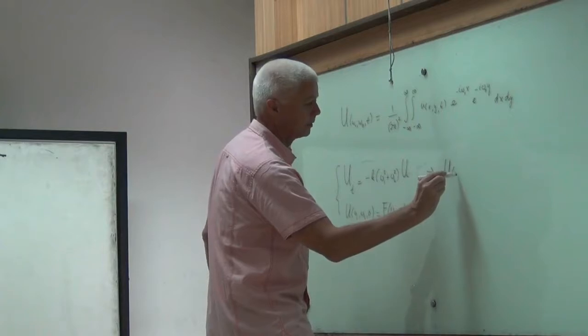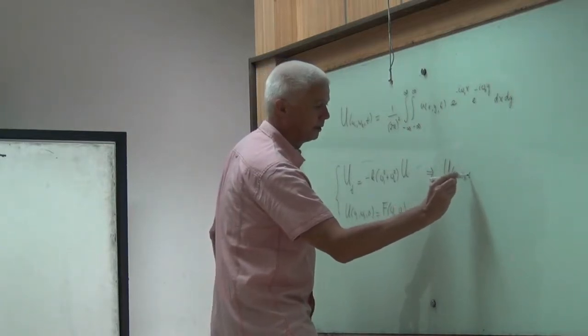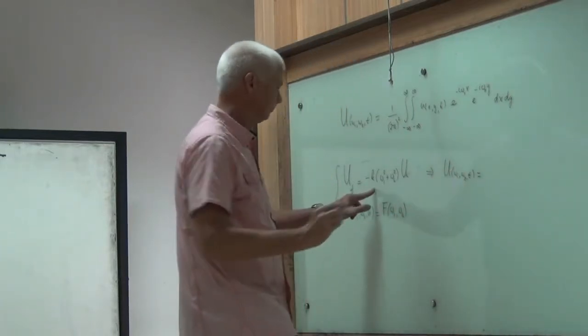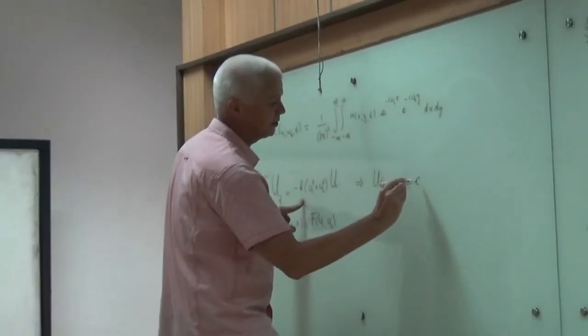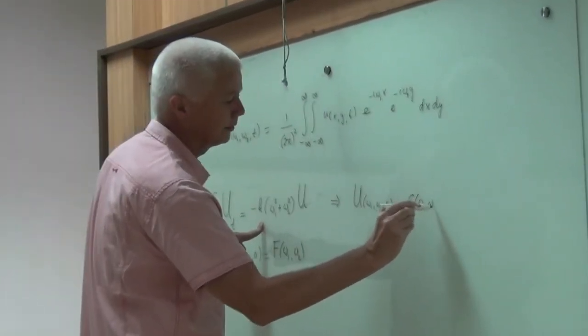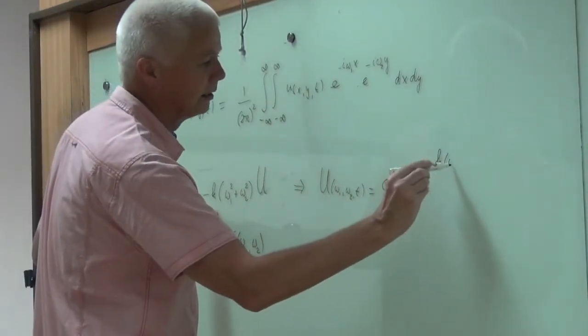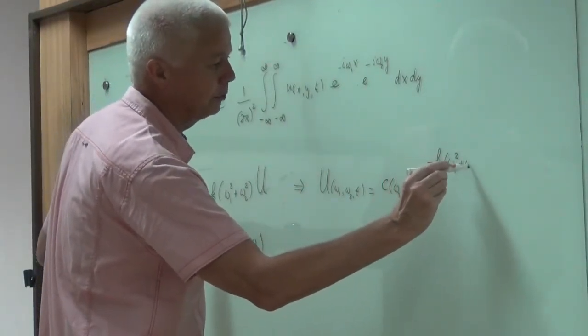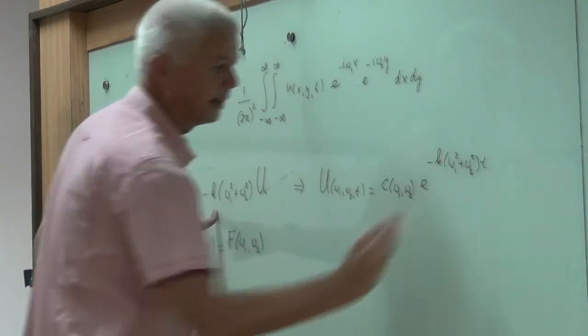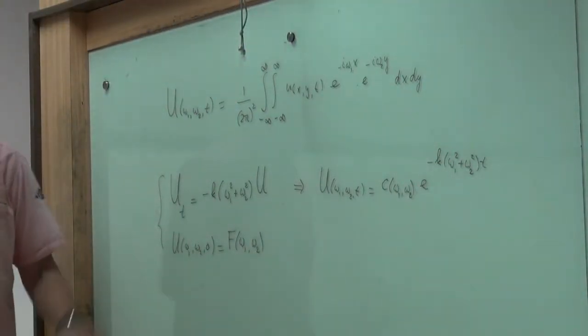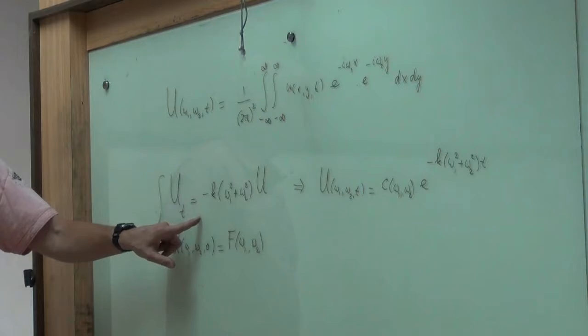U(omega 1, omega 2, t) is equal to a function c(omega 1, omega 2) times e to the power minus k times omega 1 squared plus omega 2 squared times t. That's the general solution of this PDE.